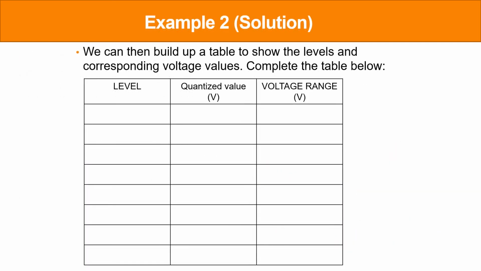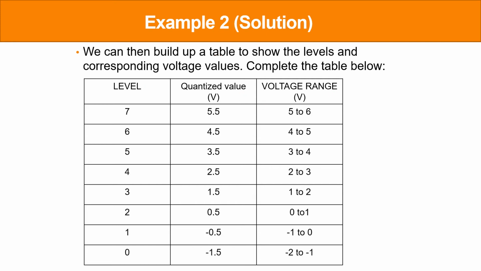So we can then build up a table, the PCM table or reference table, to show the level and the corresponding voltage value. We need to build up the level, the quantized value, and the voltage range. Here is the solution for example 2.